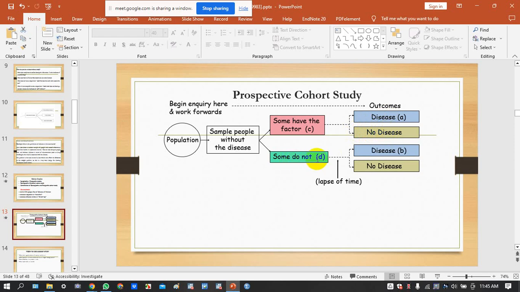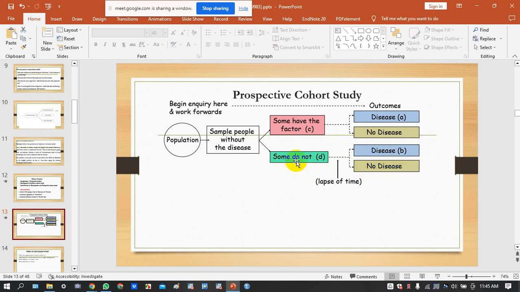Those who did not smoke, those who did not drink alcohol, some also ended up getting hypertension from other factors, or getting lung cancer even though they didn't smoke. But some were not exposed to the exposure, and still they didn't have the disease.